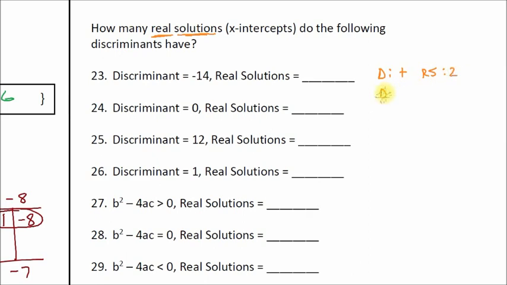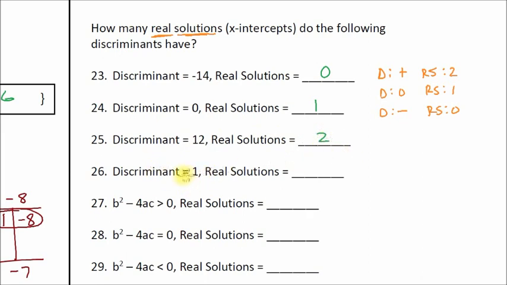If the discriminant is 0, our real solutions are 1. If the discriminant is negative, our real solutions are 0. So these questions become pretty easy. This is a negative discriminant, that means we have no real solutions. Discriminant is 0, 1 real solution. Discriminant is positive, 2 real solutions.